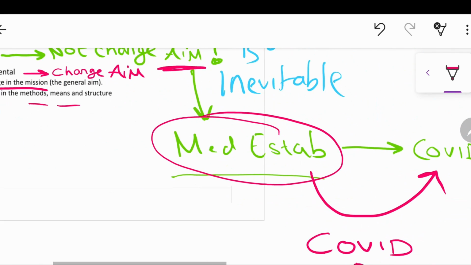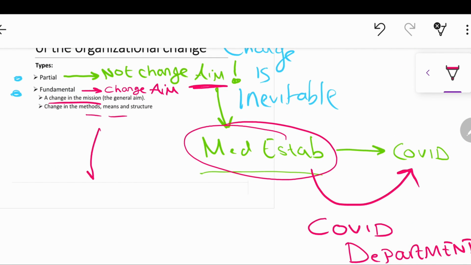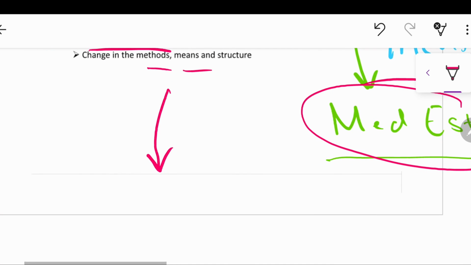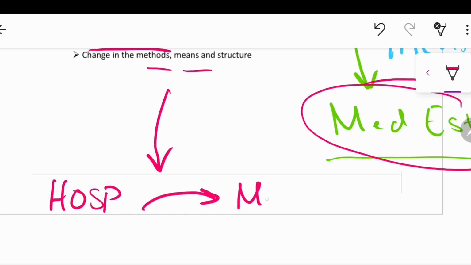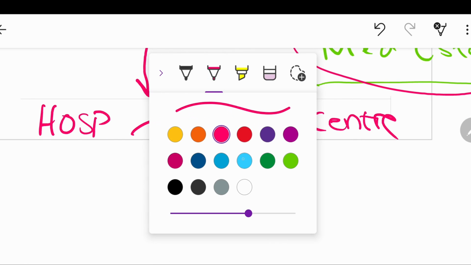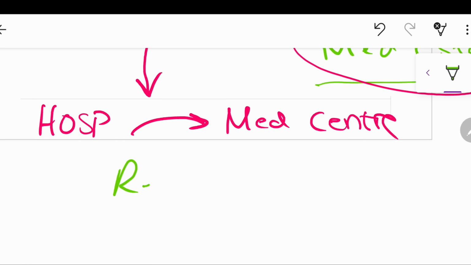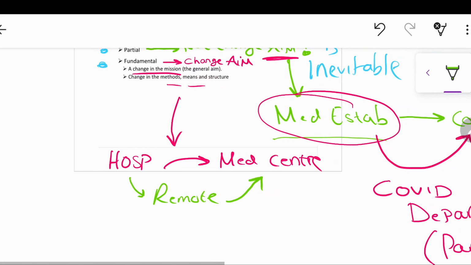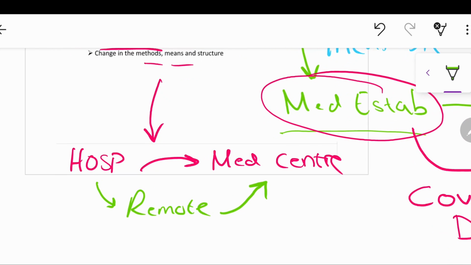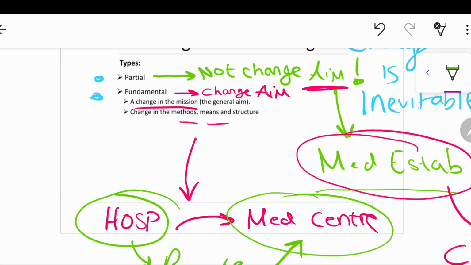So let's say another example, for whatever reason, maybe a hospital has to change into a medical center, maybe because this hospital is in a more remote area, not many patients come to this area. However, a medical center would be much more beneficial for this remote population. So a change in the aim from hospital to medical center is a fundamental change.